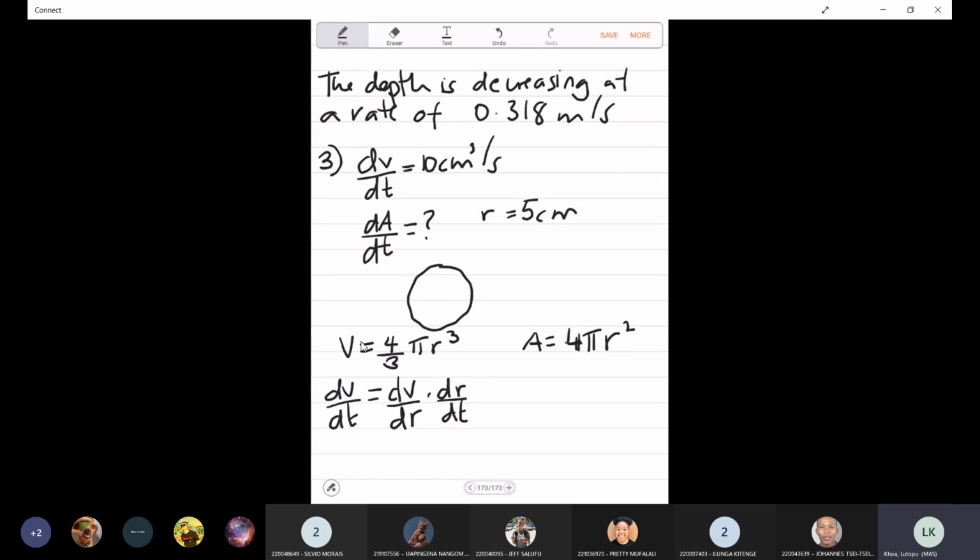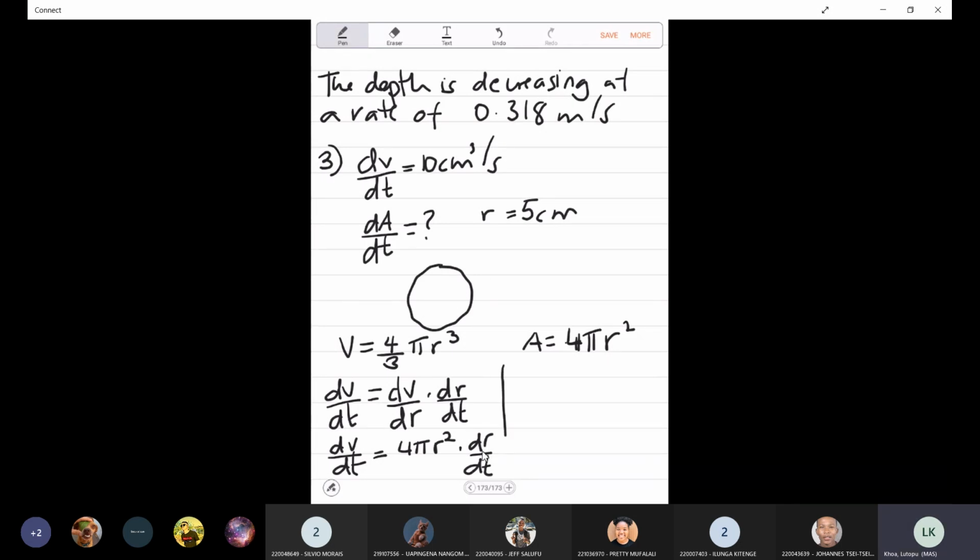So dV/dr is 12/3, where the 3's cancel, so we have 4 pi r squared multiplied by dr/dt. We can make dr/dt the subject of the formula and then work out what it is.